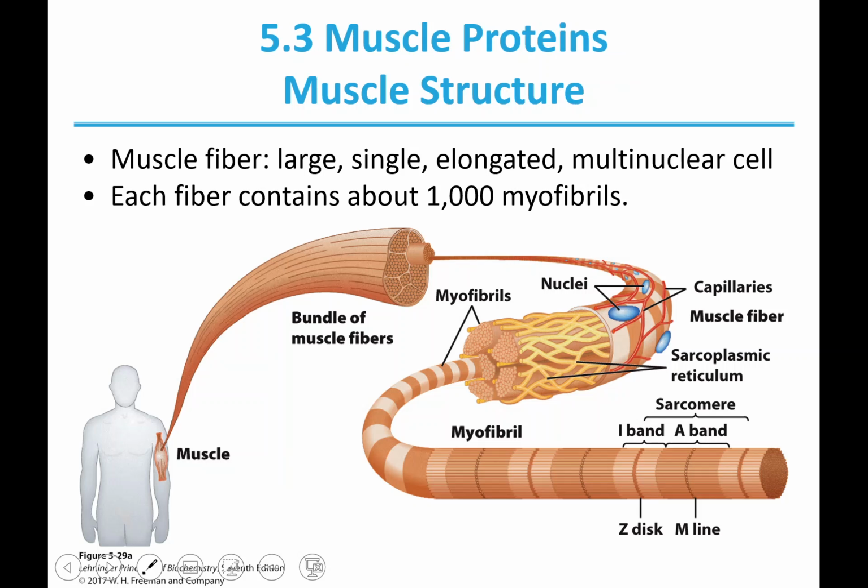Moving on to the third section, this section discusses muscle protein and muscle structure. Muscle fibers are made of very large, elongated cells that have multiple nuclei in the cell. So it's a very strange cell.